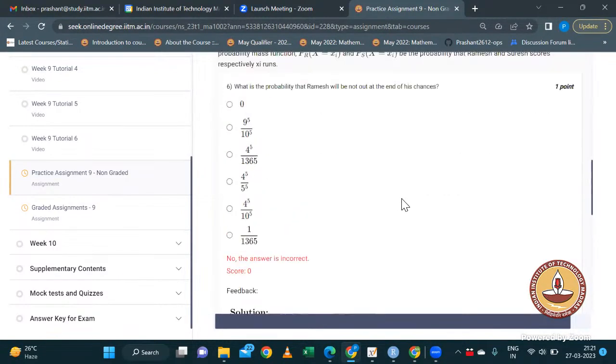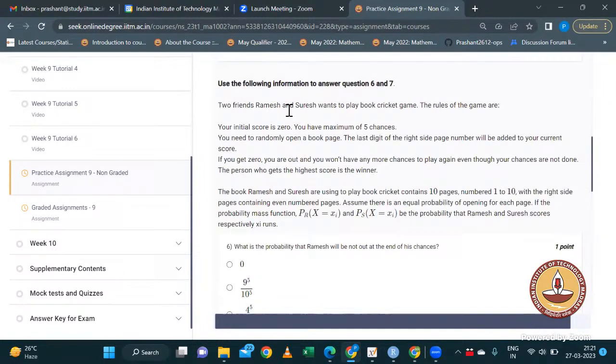Now, the question is saying two friends, Ramesh and Suresh, want to play the book cricket game. The rules of the game are as follows. Your initial score is 0 and you have a maximum of 5 chances. Now, you need to open a book page and the last digit of the right side page number will be added to your current score.